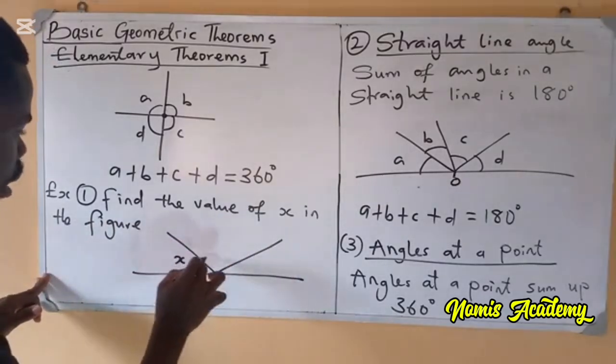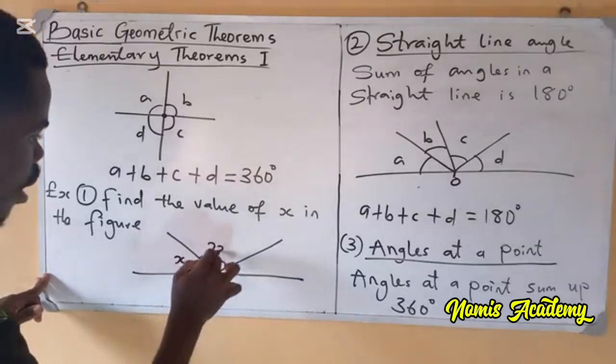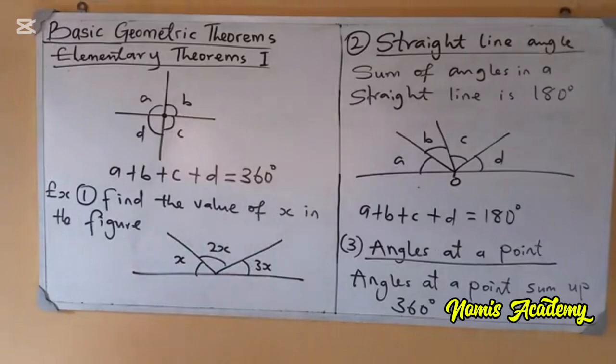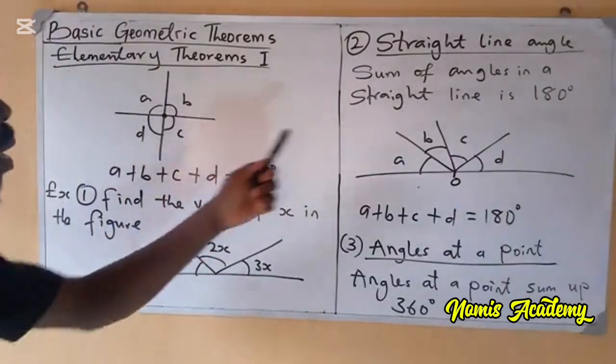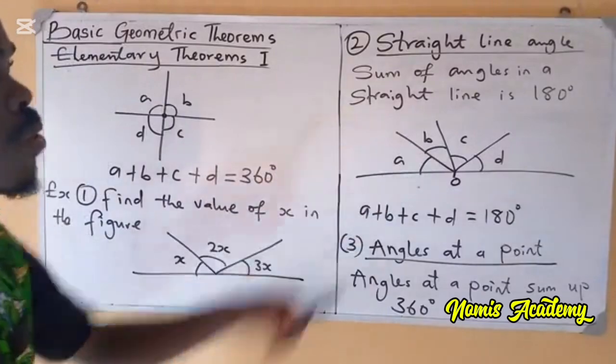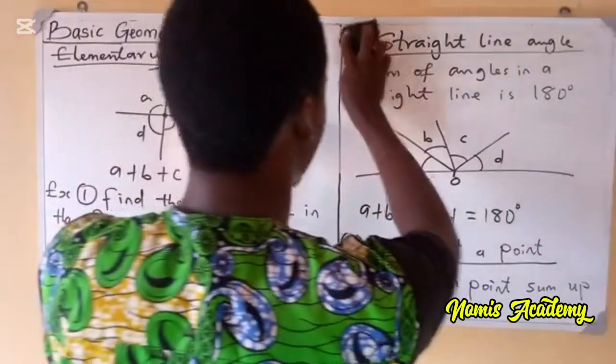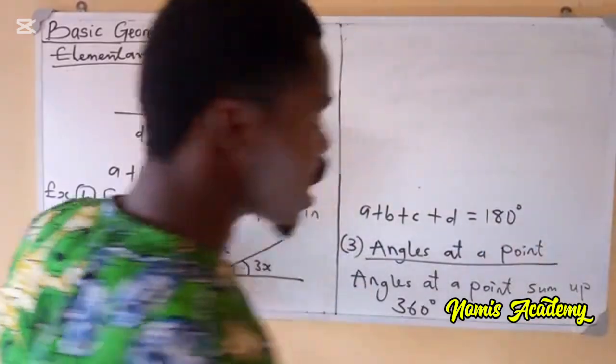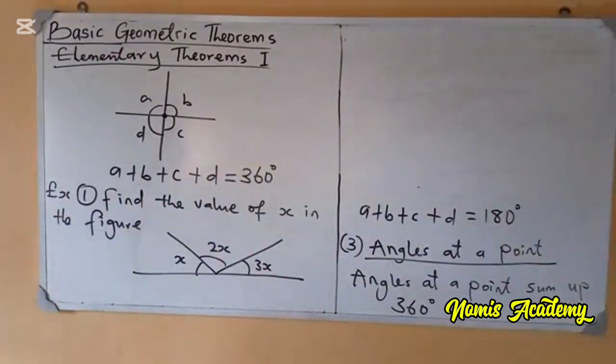Here we call it x, and here is 2x, here is 3x. So for us to find the value of x in this question, we apply the theorem of a straight line, which says that all the angles on a straight line sum up to 180 degrees.